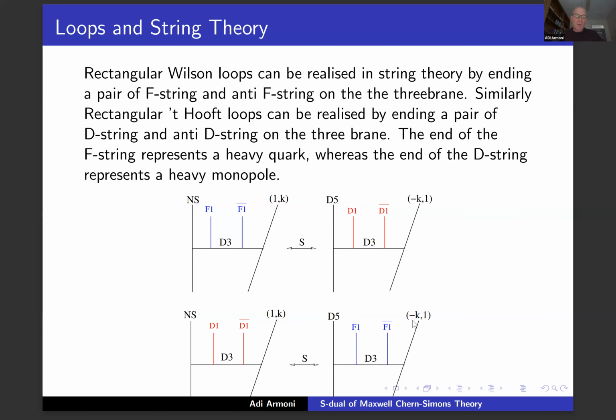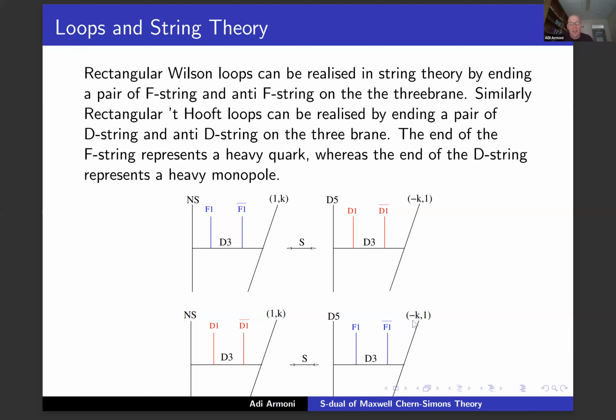Now under S-duality, we know that F1 goes to D1 and F1 bar goes to D1 bar. So now I can describe the magnetic loop, a loop made of magnetic charges, the endpoints of the D1 and the anti-D1. The explicit map also tells me what happens with this object in string theory.